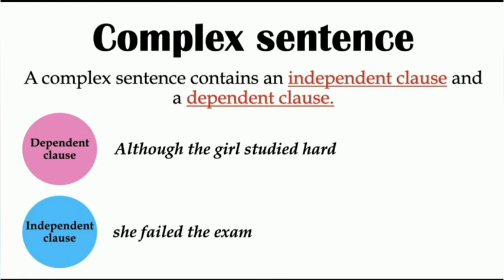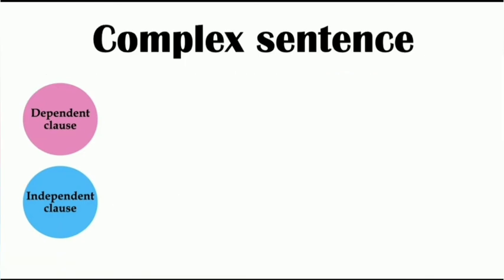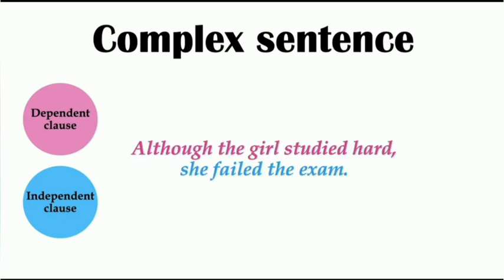This is an independent clause. It does make sense on its own. We can join the two together to form a complex sentence. Although the girl studied hard, she failed the exam. Remember to add punctuation in the correct place when forming a complex sentence.